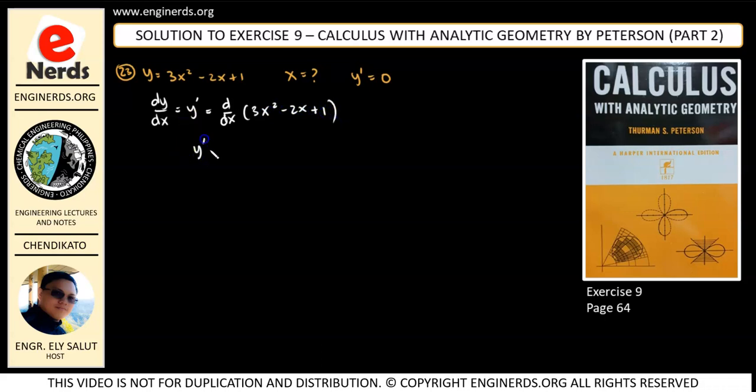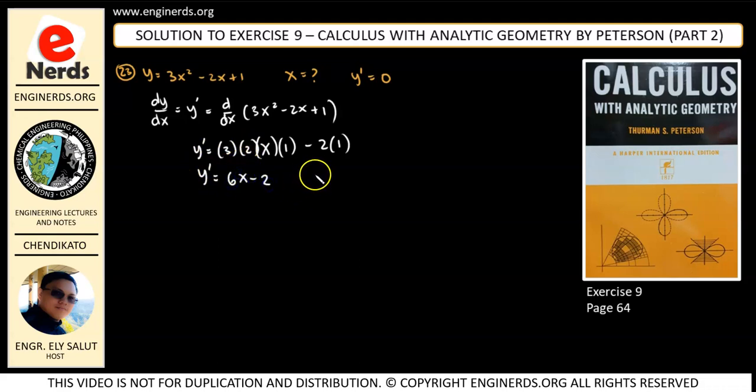So, y prime is equal to 3 times 2 times x to the 2 minus 1, which is 1, then the derivative of x is equal to 1, minus 2 times the derivative of x, which is equal to 1. So, our y prime is equal to 3 times 2, 6x minus 2.